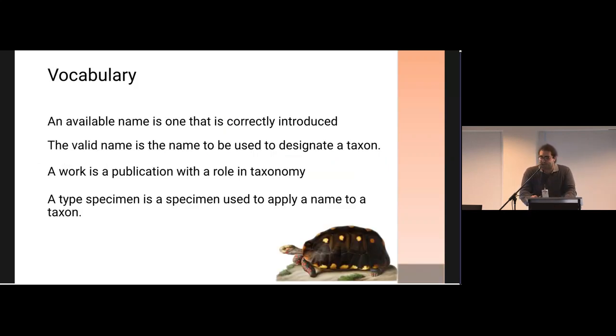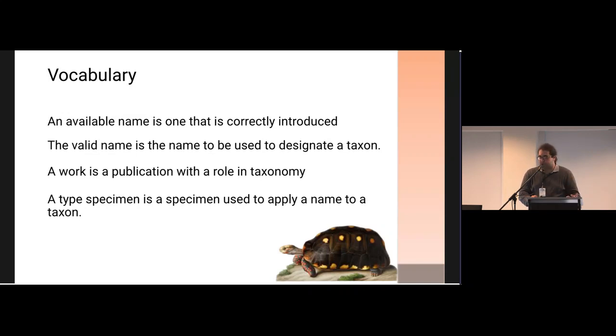If you missed Richard Pyle's presentation last year, I'll try to be very quick to make sure that everyone is on the same page about the vocabulary. In zoological nomenclature, an available name or an available work is one that is correctly introduced, that is, basically respects the rules of the code.